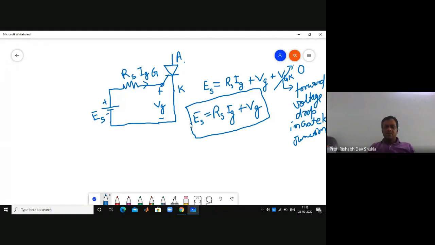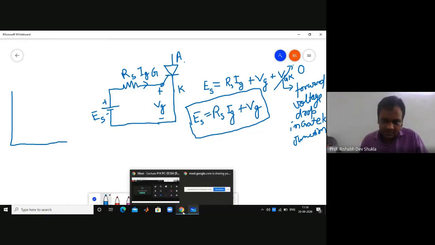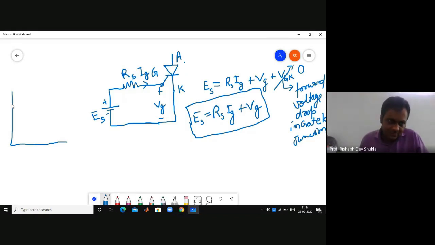You can easily find out the load line characteristics. If we are trying to find the load line, it means a set of operating points like this. This is your VG, and let IG be on the x-axis.